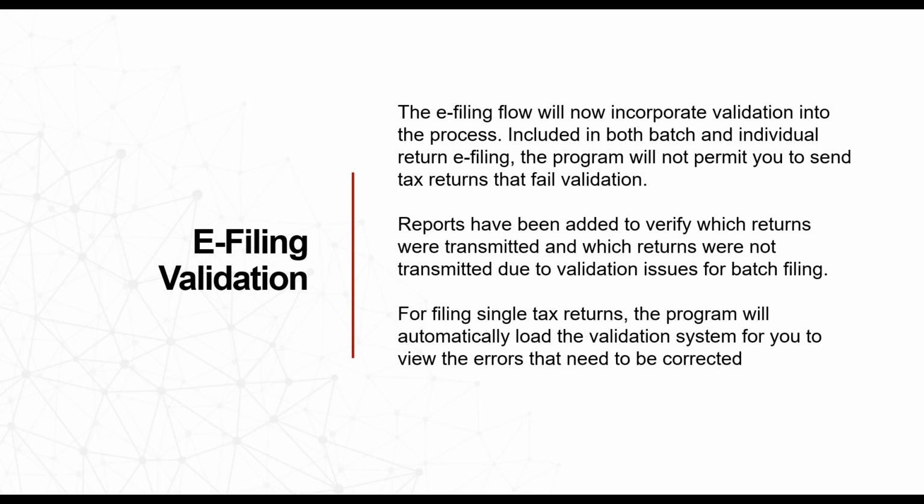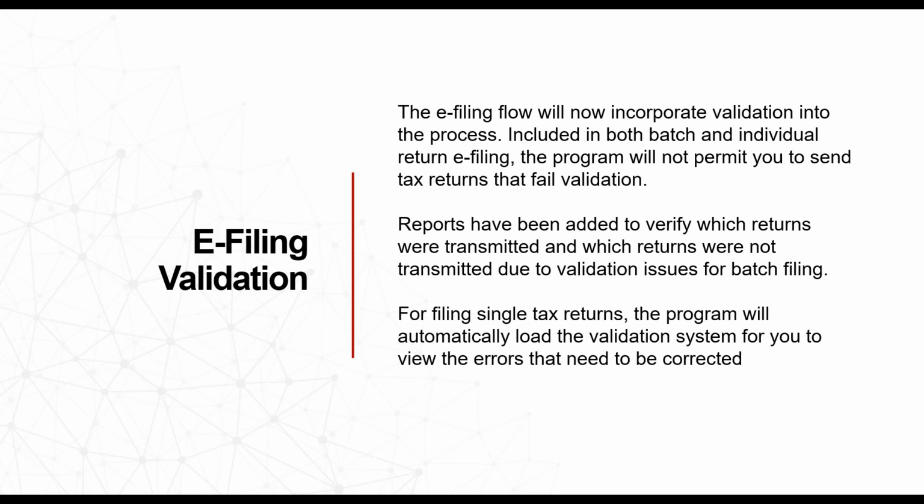But we wanted to roll this out in a low volume, but still get some usage, get some testing for the upcoming 2019 season. So basically, the overall e-file flow will now incorporate validation into the process, and that means both in batch electronic filing as well as the individual return if you e-file right from a single return.